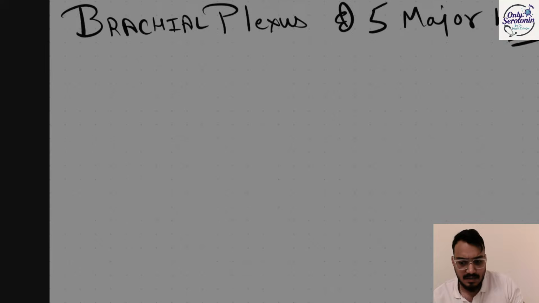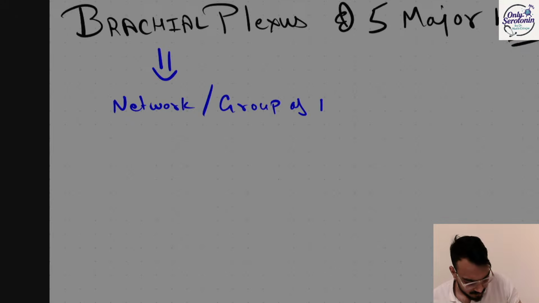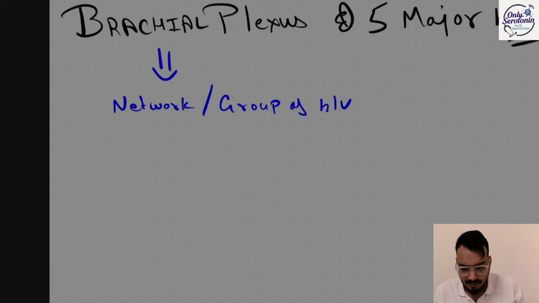First of all, guys, what is the brachial plexus? The brachial plexus is a network or group of nerves which are going to supply the upper limb, right?